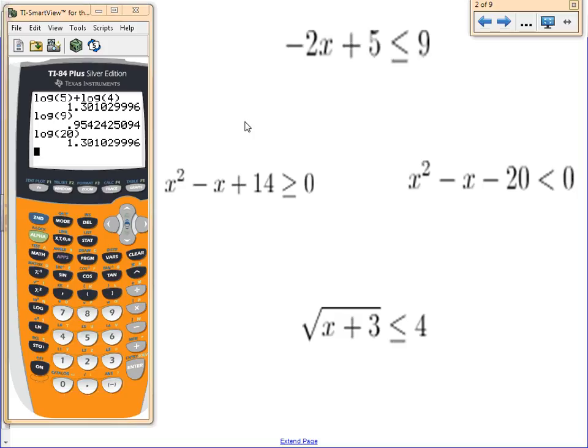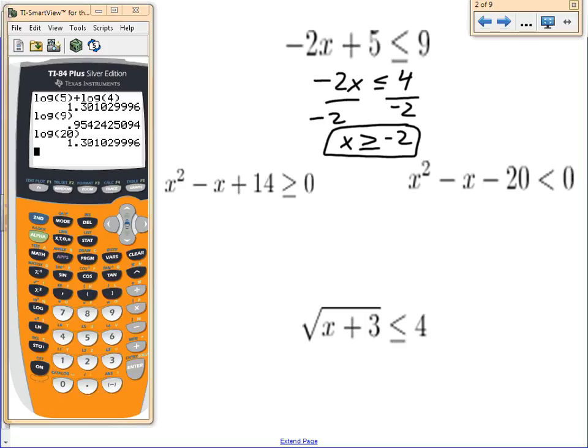Very important. Negative 2x is less than or equal to 4. So divide by what? Not 2, divide by negative 2. That's important because then you have to turn that symbol around and you get x is greater than or equal to negative 2. Divide by a negative, reverse the symbol. That's not a little important, that's major important.